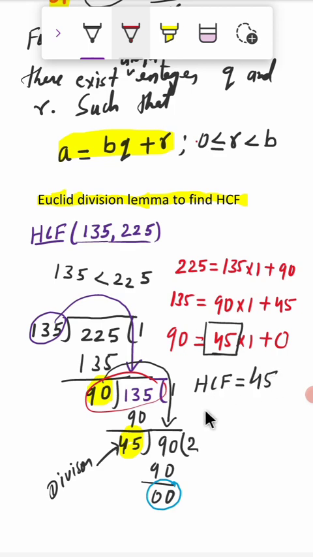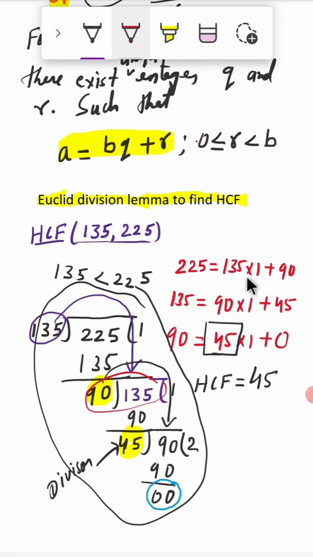Now see what we need to write. हम जब भी यूक्लिड डिवीजन लेमा का यूज कर रहे हैं तो वेदर यू राइट दिस स्टेप और नॉट, see without this step we are not able to write directly these all steps. So when you are going to use the Euclid division lemma, at that time at least you need to write these all steps, only this one will be enough. But as you know, without this long division we are not able to write these steps as a is equals to bq plus r.